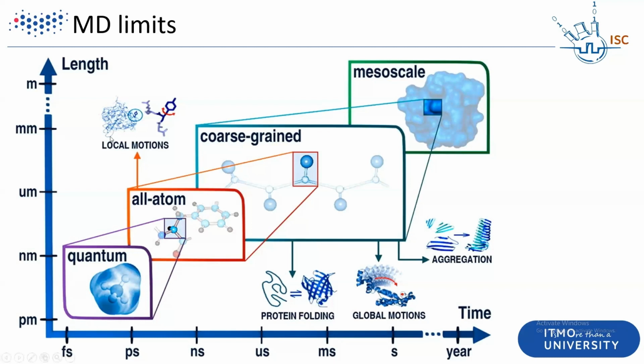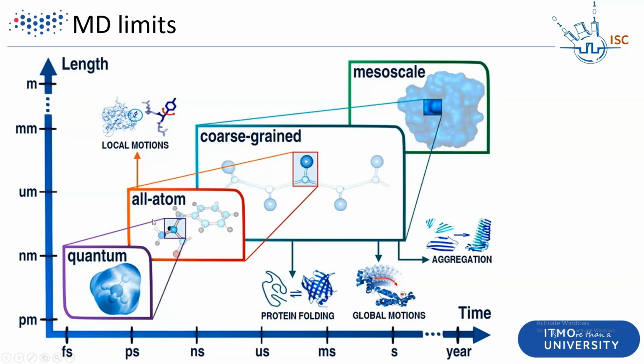You have some kind of different levels of the system. Here you can see that in a very short time scale, you have a quantum system implemented in the quantum methods. So the molecular dynamics here is very small, from femtoseconds to picoseconds, and the system also is very small.